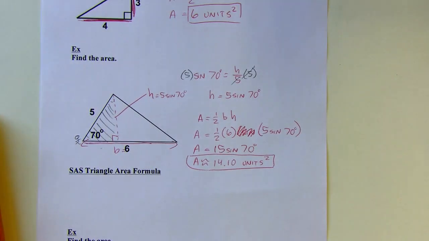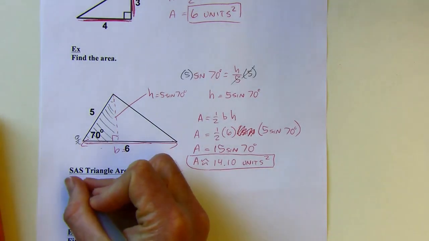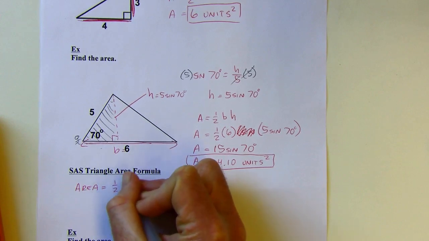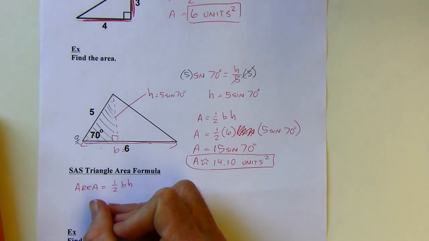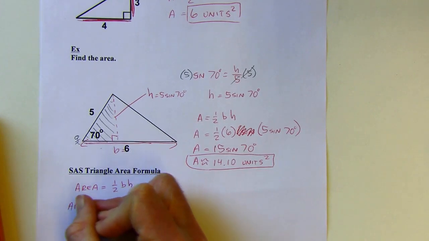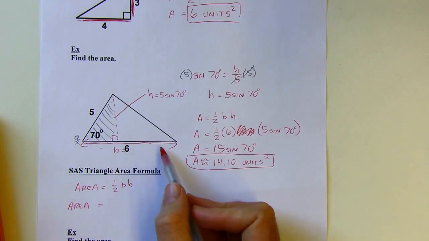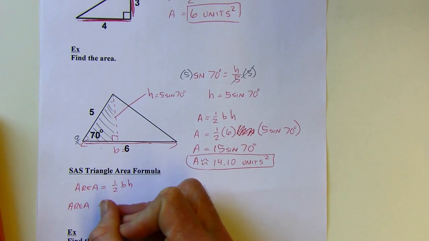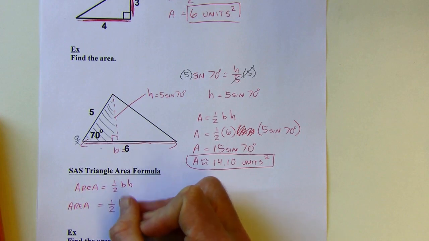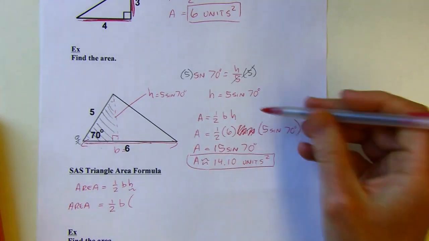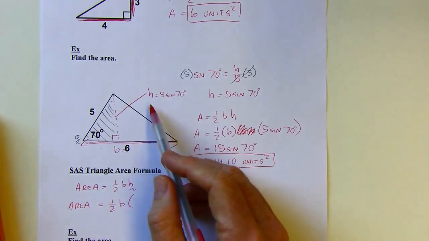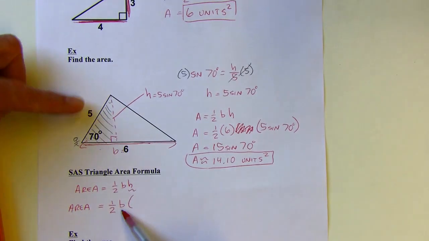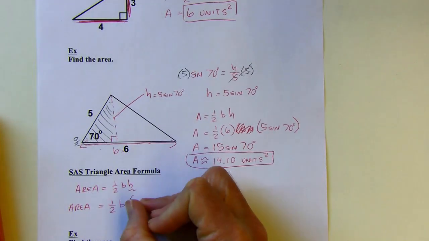So my area is still going to be 1/2 base times height, but there's just going to be a little twist. The base in this last problem was 6. It was just one of those given pieces. But how did I get the height? Well, the height was my other side times the sine of my angle. So if b was one of my sides, c would be my other side.